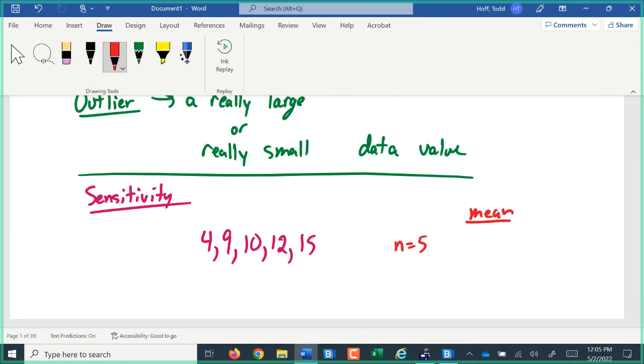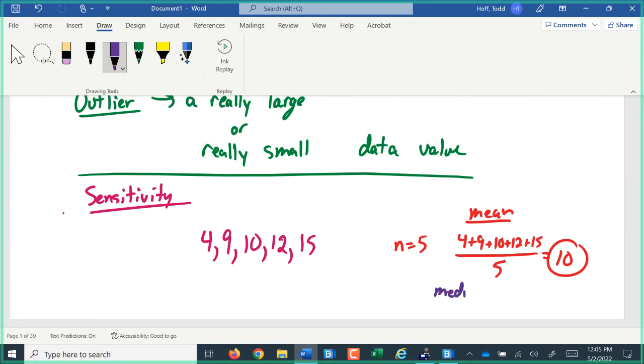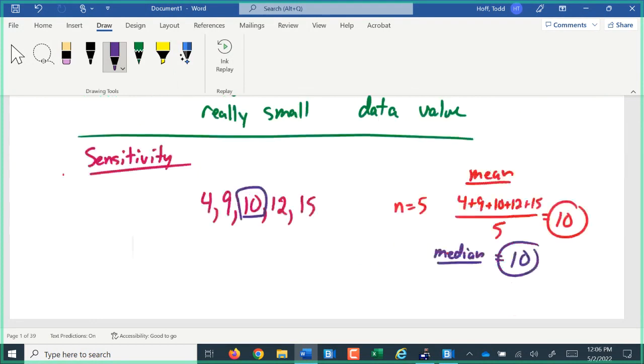Well, if we add those up, 4 plus 9 plus 10 plus 12 plus 15, what is that? 13, 23, 35, 50 over 5, not 2. Gives us a mean of 10. A median, since it's already in order, would be the middle number, the 10. So this data set has a mean of 10 and a median of 10.